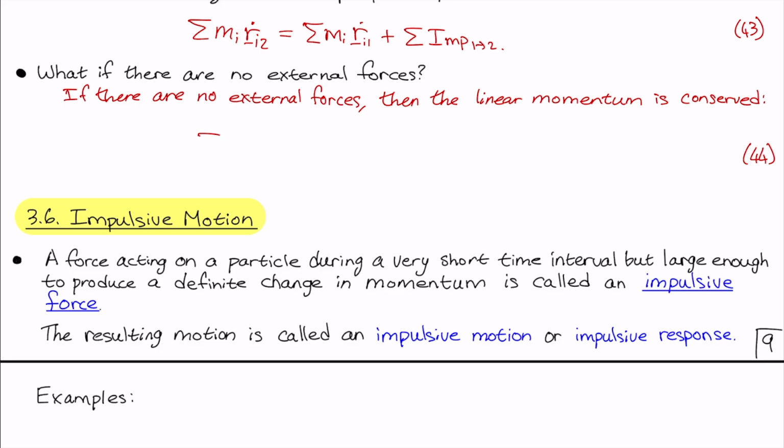And so we get here that the sum of m_i r dot i2 is equal to the sum of m_i r dot i1.